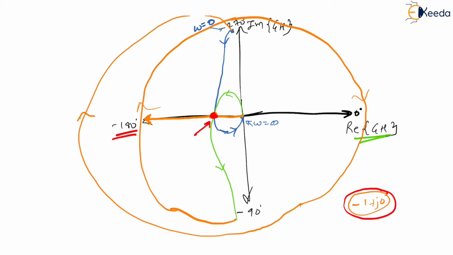So the first thing I will do is find the frequency at which my plot intersects -180 degrees, and then put the same frequency in the magnitude equation to find the magnitude here. Let us do that. By angle criteria, I have phi equal to 2 times tan inverse of omega by 10 minus 270 degrees, right?